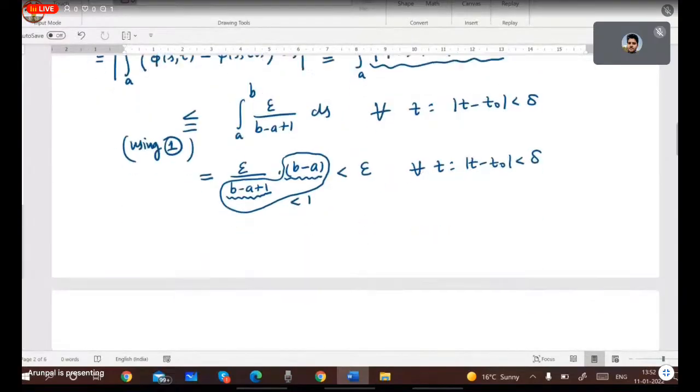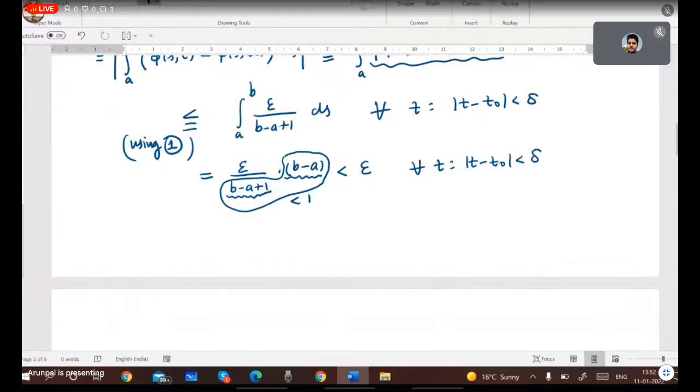So class, what I have shown you is the following. That is, I have shown you that modulus of gt minus gt naught is less than epsilon whenever t satisfies this condition. And hence done, class.